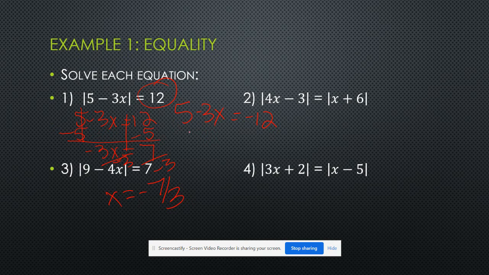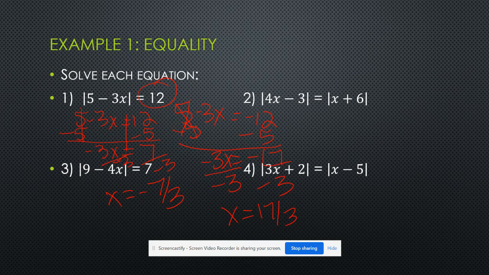For the negative 12, we subtract 5 from both sides to get negative 3x is negative 17. Divide by negative 3. Negative 17 over negative 3 is positive 17/3. I can't reduce either of these and they don't divide evenly.